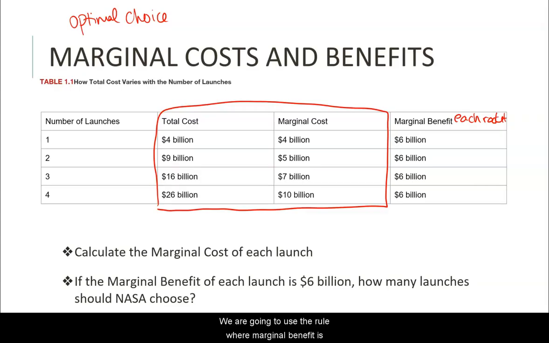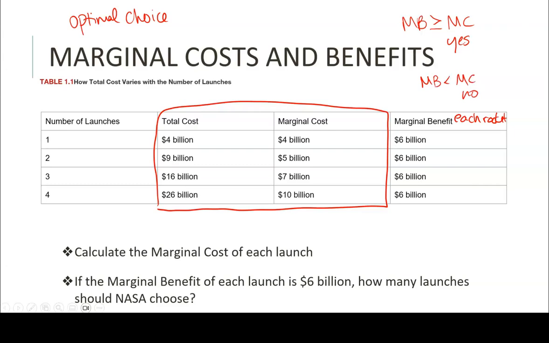We are going to use the rule where if marginal benefit is greater than or equal to marginal cost, we are going to say yes. So yes, we should buy that. Yes, we should produce that. If marginal benefit is less than marginal cost, then we're going to say no. So we're trying to maximize our economic surplus, and this is going to tell us that optimal point that's going to give us that highest amount of economic surplus.